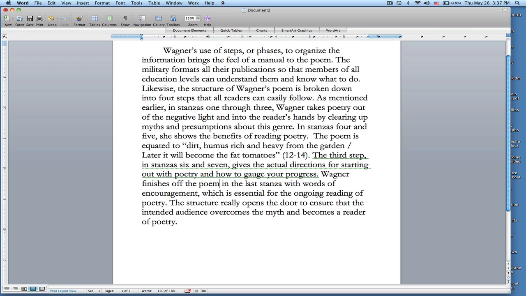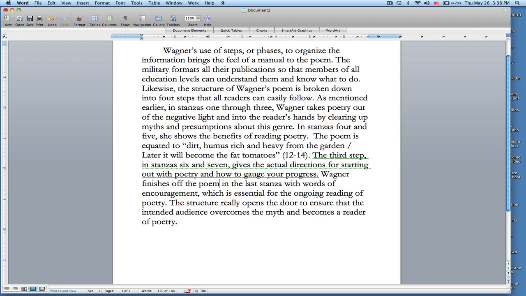So you could say, if Wagner hadn't broken down the process of approaching poetry into these four easy steps, we might still be feeling bewildered by complex metaphors and other literary devices. But instead, what she does is prevent us from feeling overwhelmed by walking us step by step through the process of appreciating poetry.